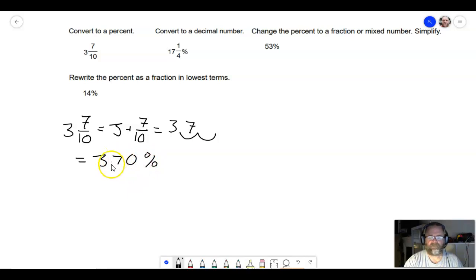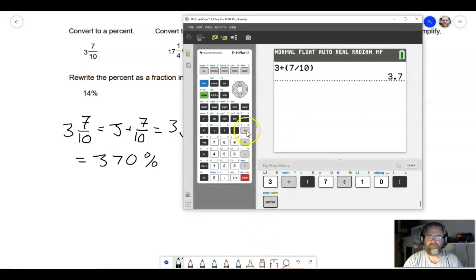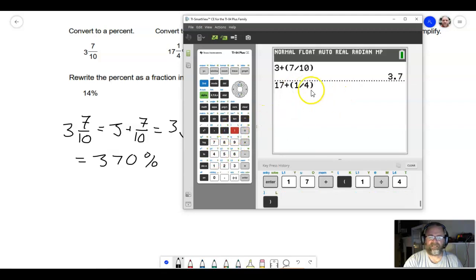Let's take a look at the next one here. The next one says convert to a decimal number. So we're really just going to do the same thing with this one, except we're going to stop after that first step. So I'm going to do 17 plus 1/4 and go to my calculator, and we're going to do 17 plus 1/4. It's always a good idea to put your fractions in parentheses.